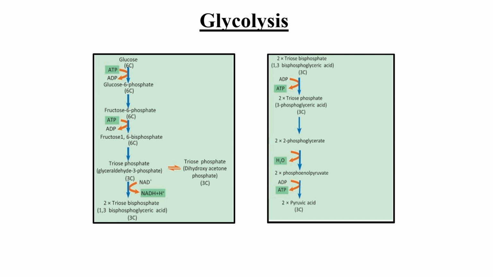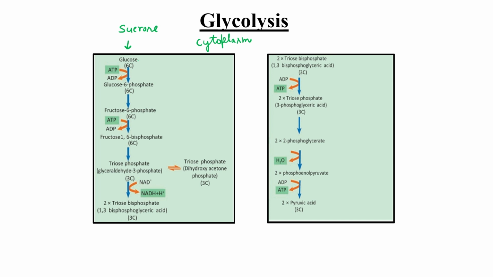So what is the first step of cellular respiration? The first step is the breakdown of the glucose molecule. And where does this glucose come from? It comes from a carbohydrate, or we can say sucrose. This sucrose is then broken down into its monosaccharide forms like glucose and fructose, and then this glucose enters the glycolysis pathway, and this pathway occurs in the cytoplasm of the cell.